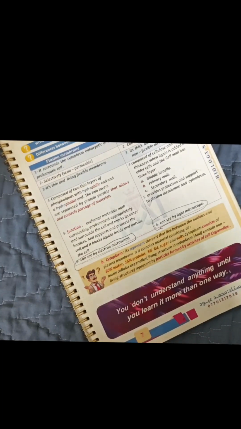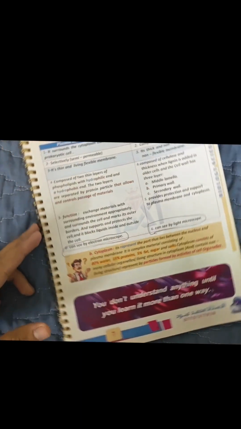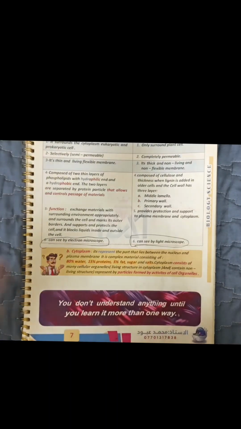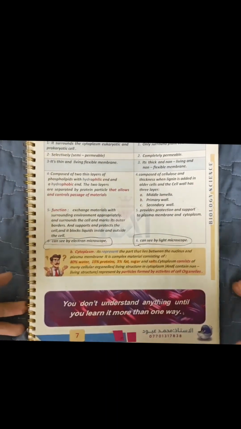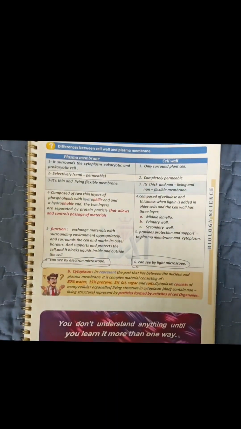Cytoplasm consists of many cellular organelles, meaning basically the organs of the cell, or living structures in cytoplasm, and contains non-living structures represented by particles formed by activities of cell organelles. Basically the residue left by the organelles, or just unwanted stuff. When some person goes to the bathroom, it's the same thing here. Non-living structure, it's just not living.